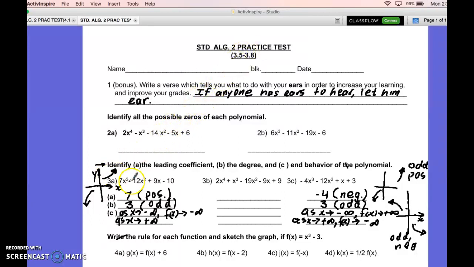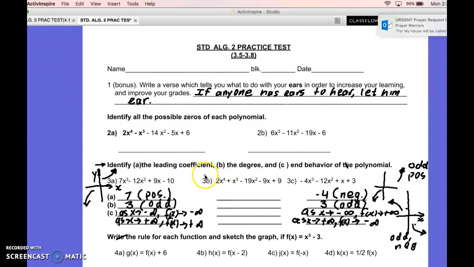So that means y, which is f of x, will approach positive infinity. Okay? So those are the two scenarios. Again, we just look at x as it approaches negative infinity. What happens to y? And then we look at x as it approaches positive infinity and find what happens to y there.